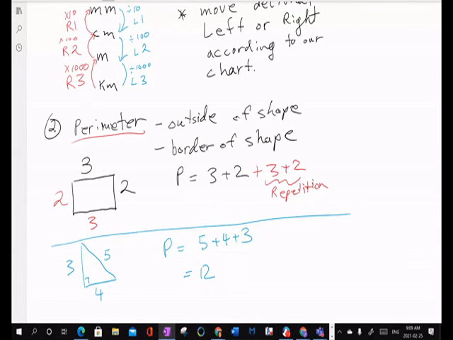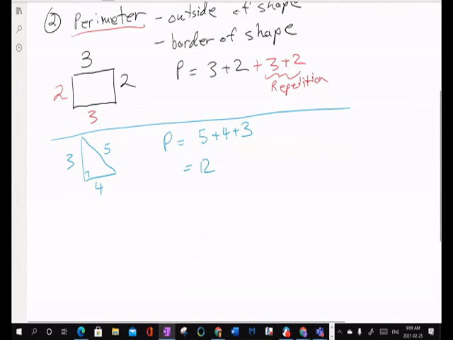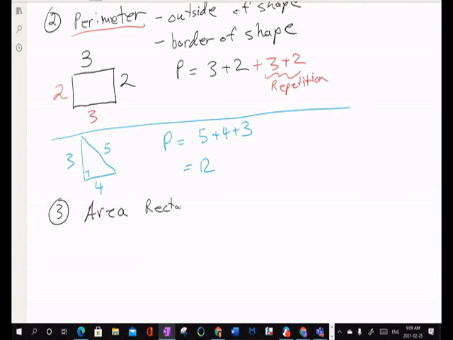Now, after Tuesday's class, we also took a look at area of rectangles. And we started off with area of rectangles.